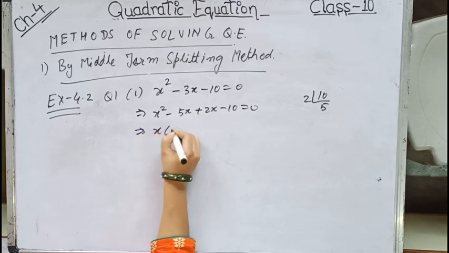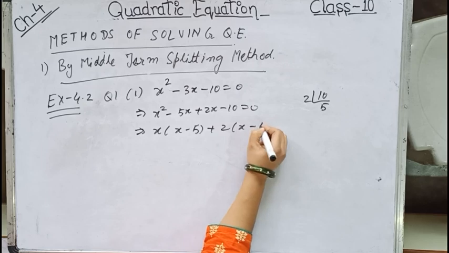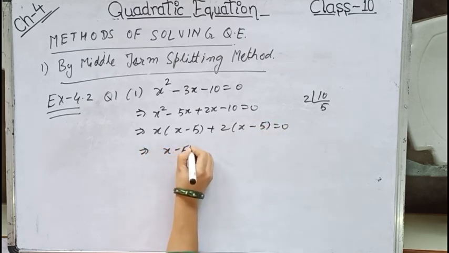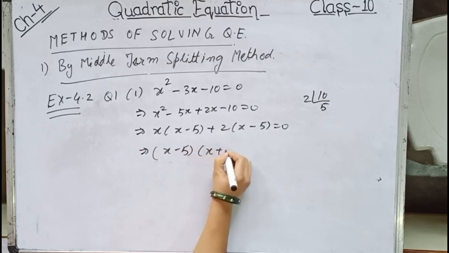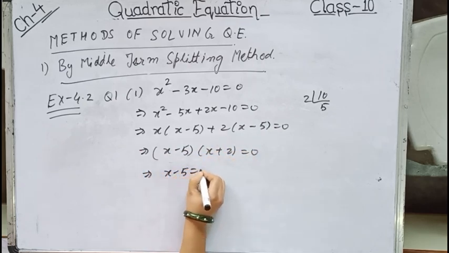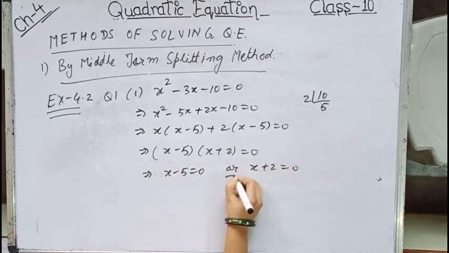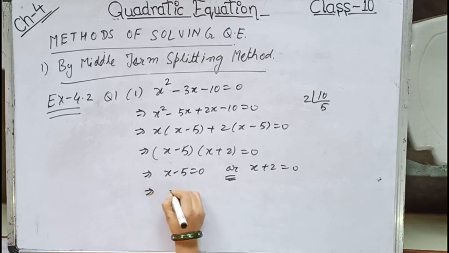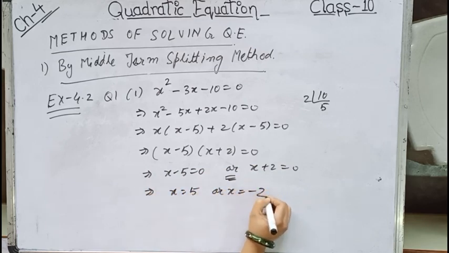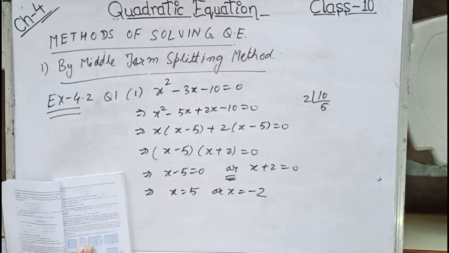This implies x minus 5 plus 2 x minus 5 equals to 0. This implies x minus 5 and x plus 2 equals to 0. This implies x minus 5 equals to 0 or x plus 2 equals to 0, right? Or this implies x equals to 5 or x equals to minus 2. Therefore, the roots of this given quadratic equation are 5 and minus 2.